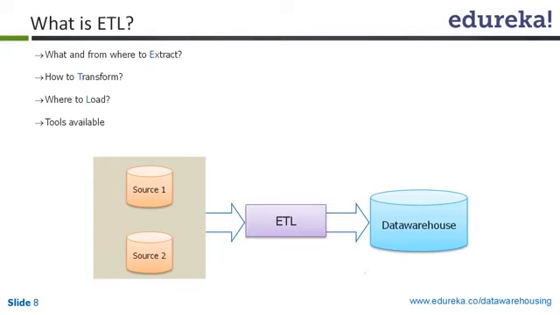As you know, there are multiple disparate sources loading data into the data warehouse, so you need to extract from these different sources. There is no consistency in the data in the OLTP systems, so you need to standardize all the data that is coming in, and then load it into the data warehouse.